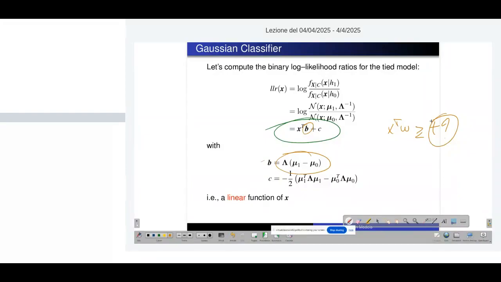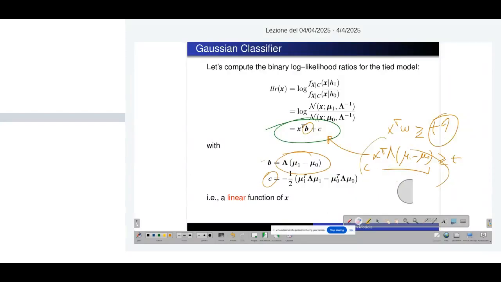But if this W is exactly lambda mu1 minus mu0, then the LDA solution was compute X transpose lambda mu1 minus mu0 and compare it with a threshold. And again, we said we will see how to select a proper threshold. But these kinds of decision rules are the same decision rules of the tied model. We know that in the tied model, this corresponds to the log-likelihood ratio for X. Well, actually, this plus the constant C.